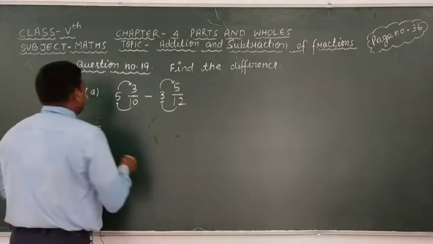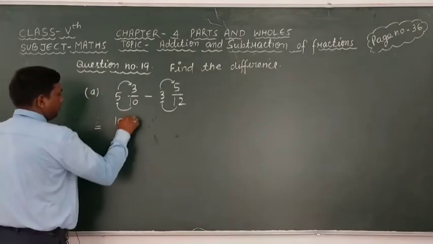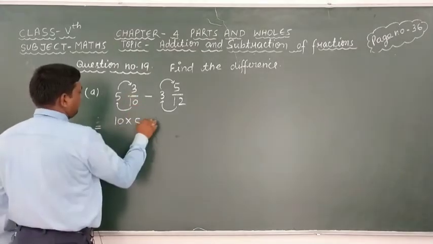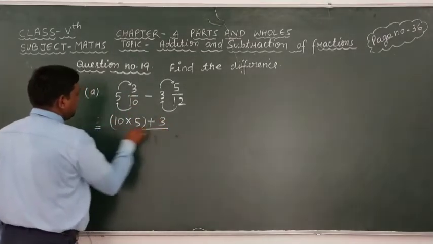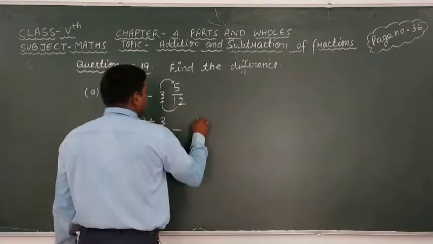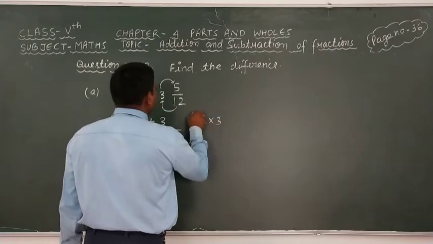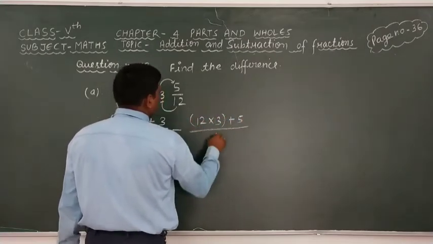So we can write 10 into 5 plus 3 over 10 minus 12 into 3 plus 5 over 12.